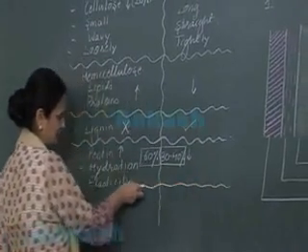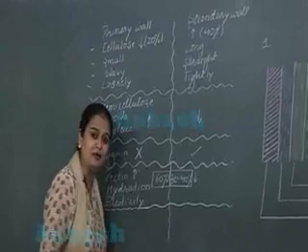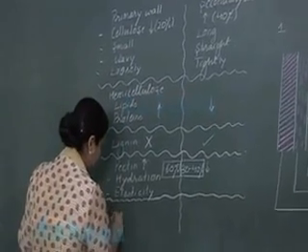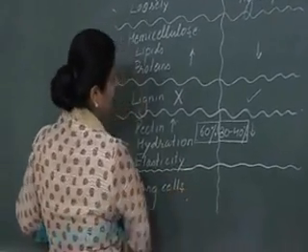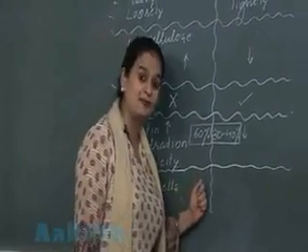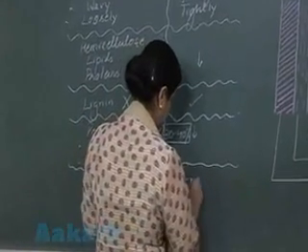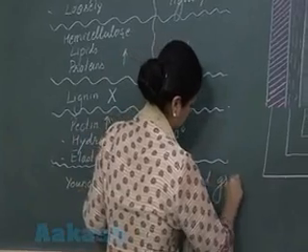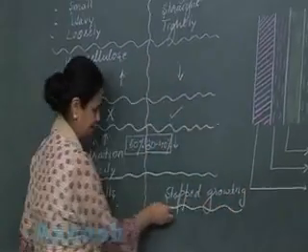Now the next one, जो प्राइमरी वॉल है, दिस प्राइमरी वॉल इज फॉर्म्ड इन द young cells, growing cells, and the secondary wall, it is formed in the cells which has stopped their growth, which has stopped growing.